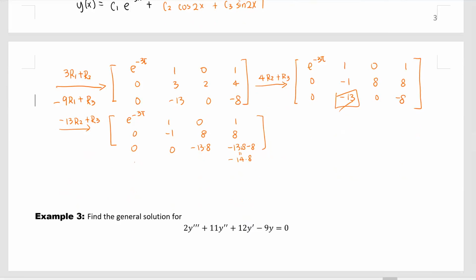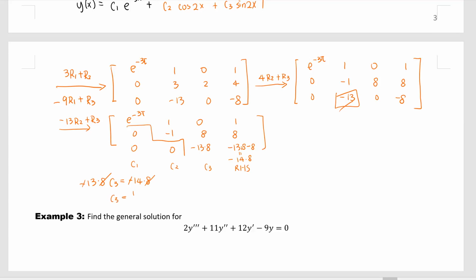So remember, this is C1, C2, C3. This is the right hand side. So last, okay, so echelon form, right? So last row tells us that negative 13, 8 times C3 is negative 14 times 8. So 8 cancel, negative, negative cancel.